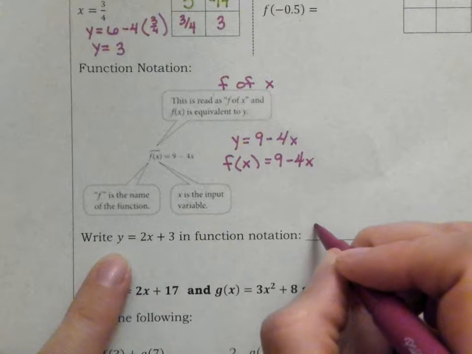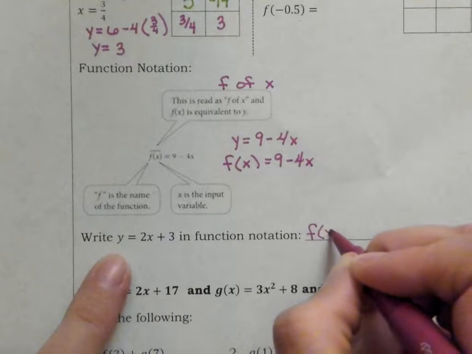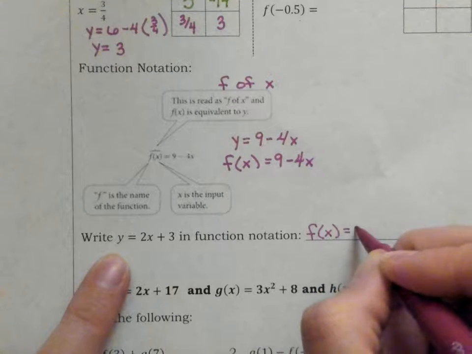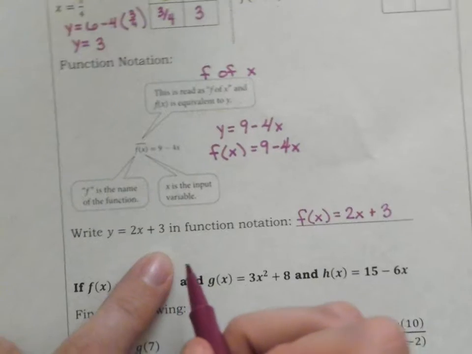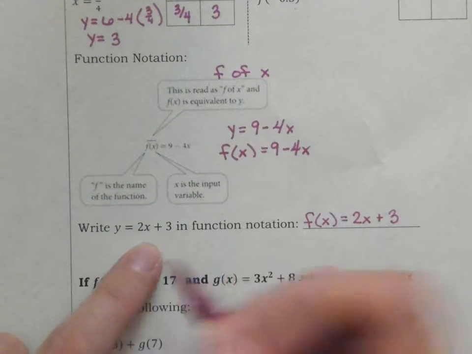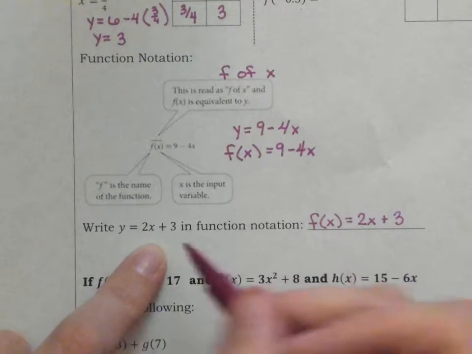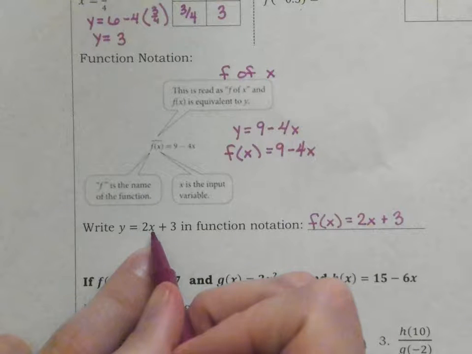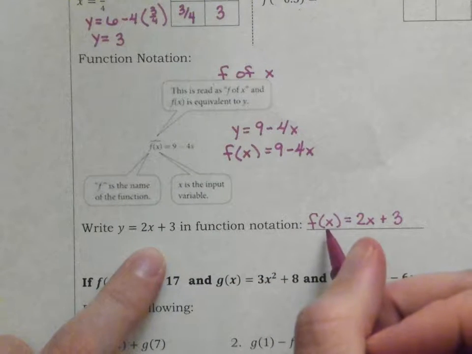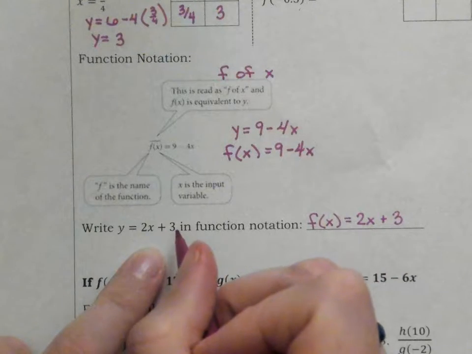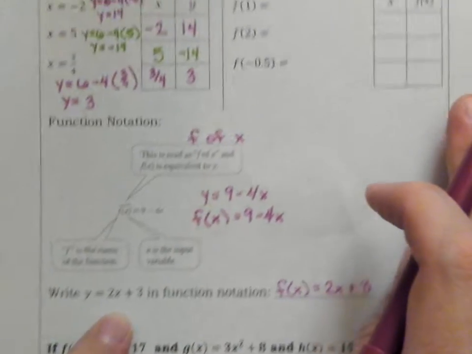All that means is you're replacing the y and you're changing it to f of x equals 2x plus 3. And if that x was a different letter, like maybe it was the letter h, then you would say f of h, or whatever letter is used in your equation.